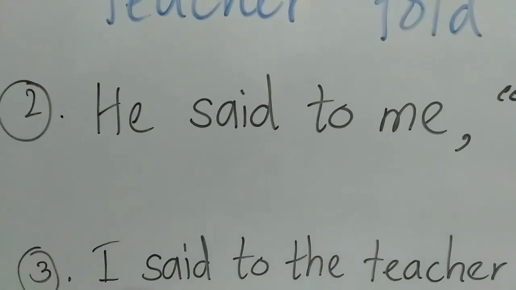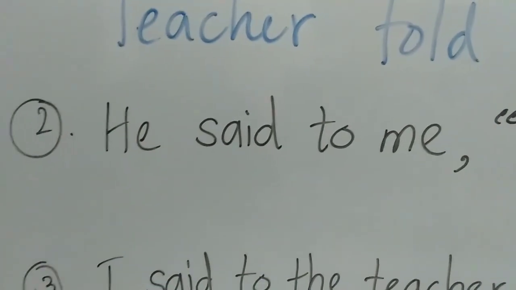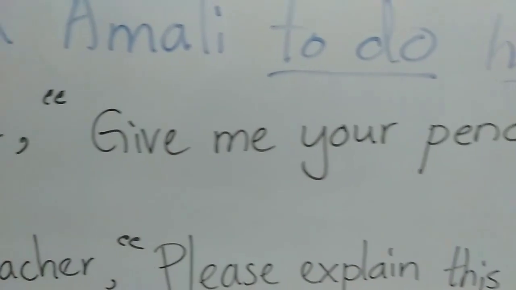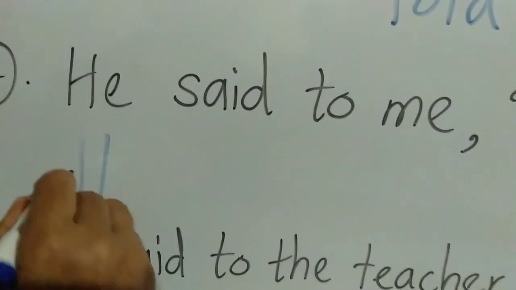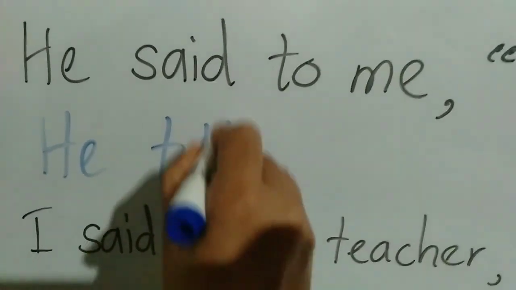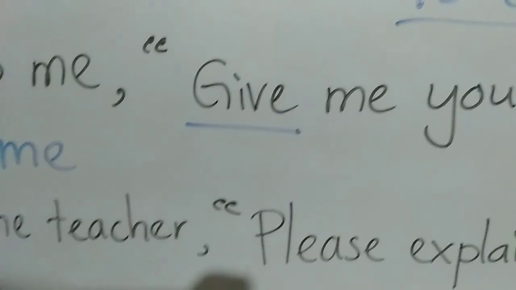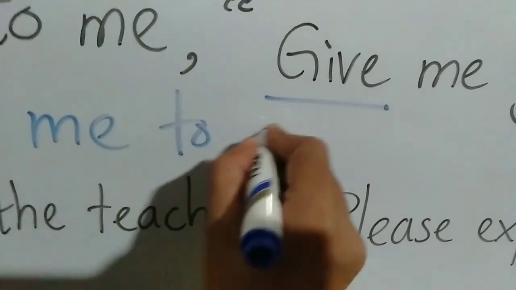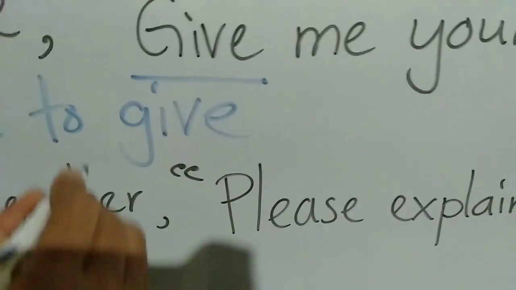Now, let's see the second example. He said to me, give me your pencil. You know the changes that take place. He said to me, he told me. This verb we keep with to: to give.